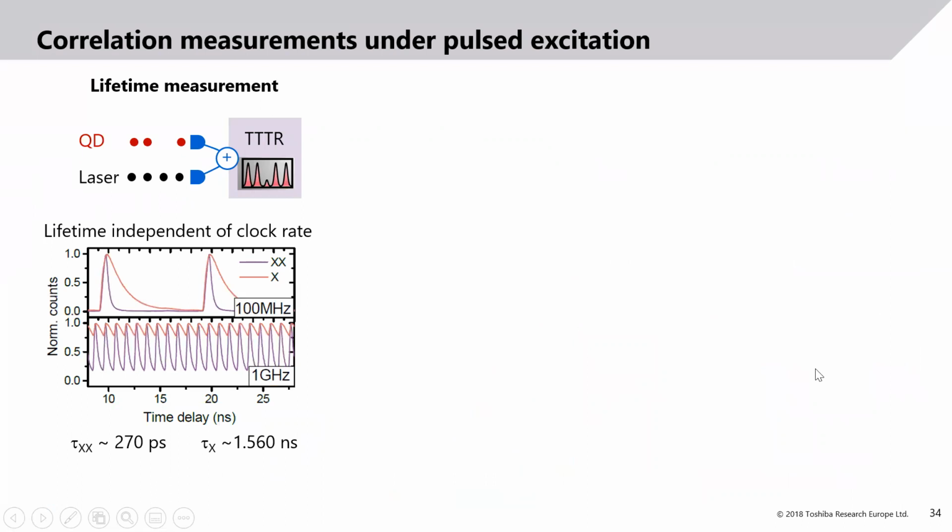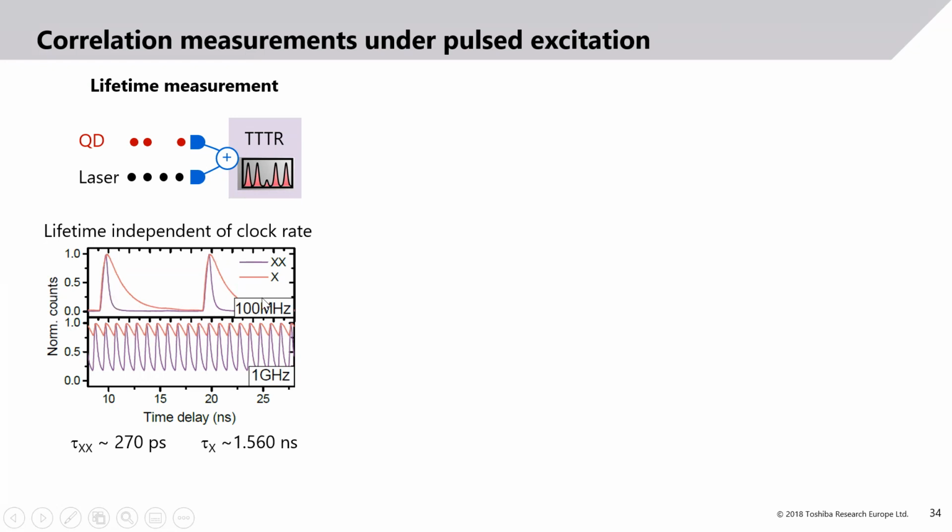So now this is a quick slide to show you what happens to the entangled photon source once we drive it with these very fast pulses. The first thing we do is a lifetime measurement where we correlate the arrival of a quantum dot photon with the arrival of a laser photon. If we do this at slow clock rates, you can really see the decay of the quantum dot exciton and bi-exciton population before the next pulse hits them.